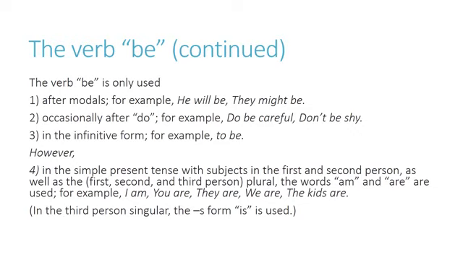However, in the simple present tense, with subjects in the first and second person, as well as third person plural, the words am and are are used. For example, I am, you are, they are, the kids are. In the third person singular, the S form is used.